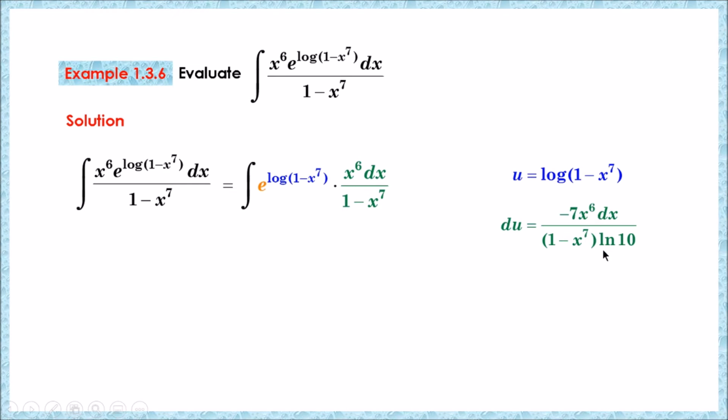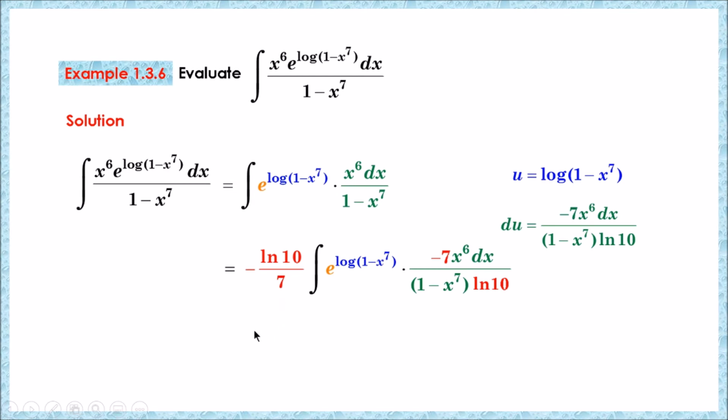So let's correct the differential of u. We have to multiply inside the integral by -7 over ln 10. Outside the integral, we multiply it by its reciprocal, that is negative ln 10 over 7.